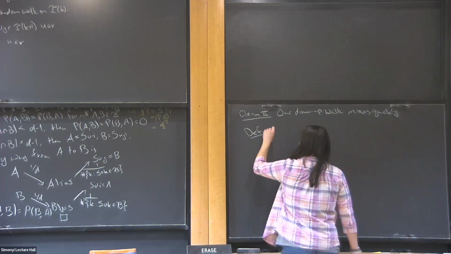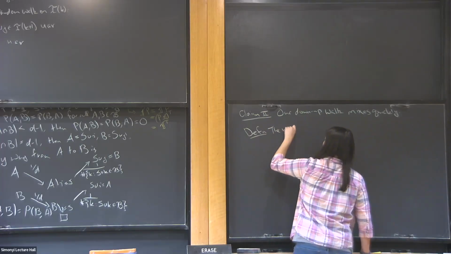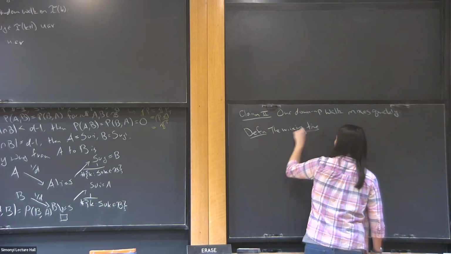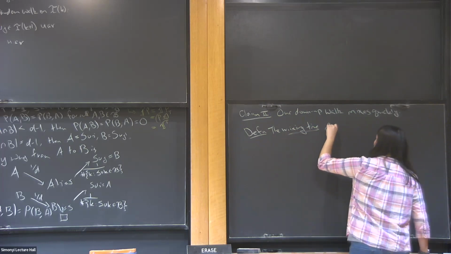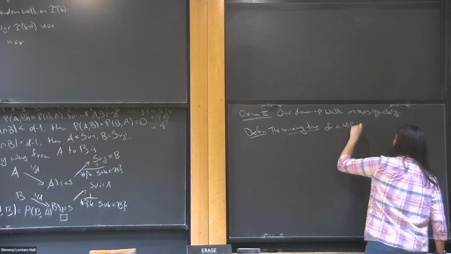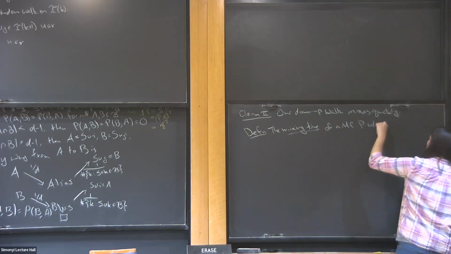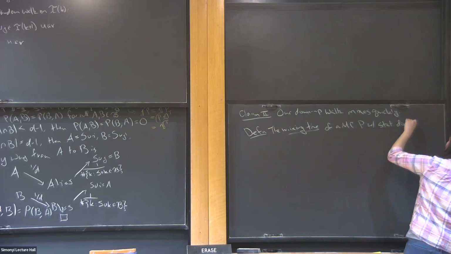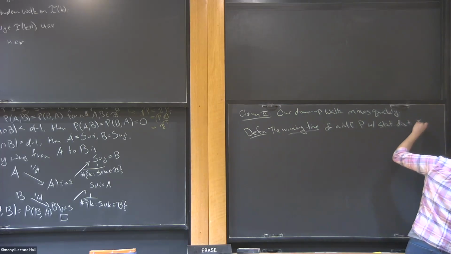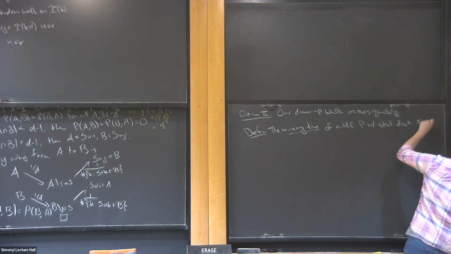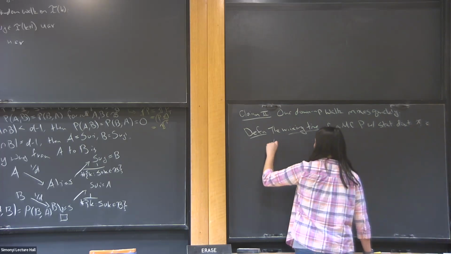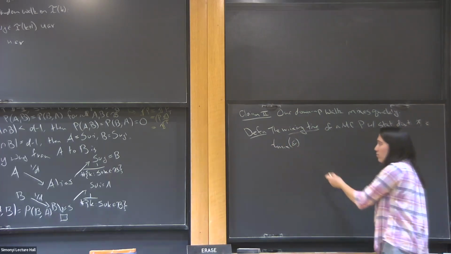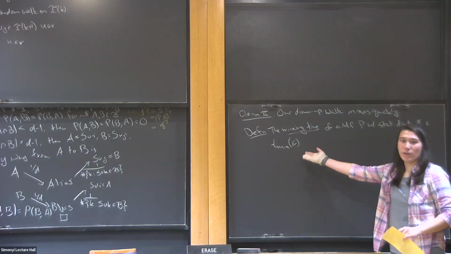So the mixing time of a Markov chain P with stationary distribution pi is T mix of epsilon. So epsilon is an input, this is a function.